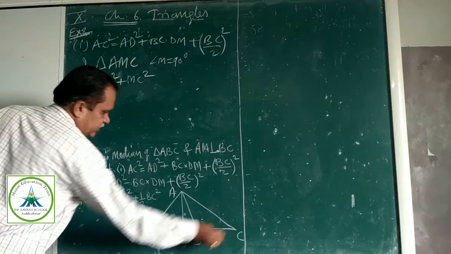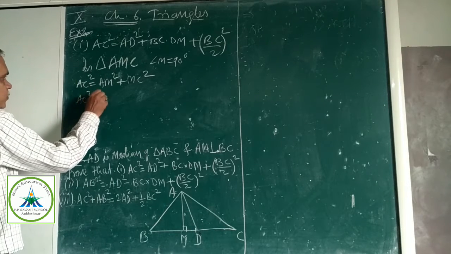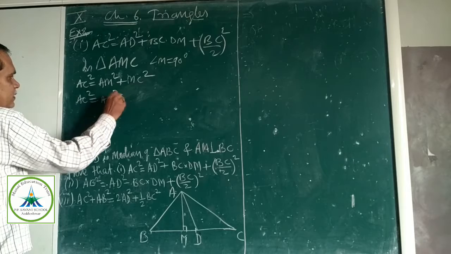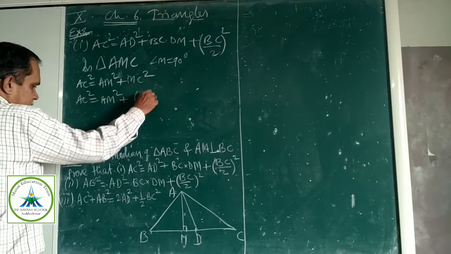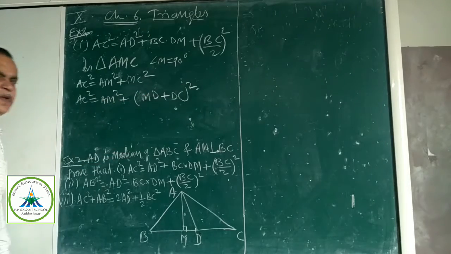And MC is MD plus DC. So AC square equals AM square plus (MD plus DC) whole square. Very simple.